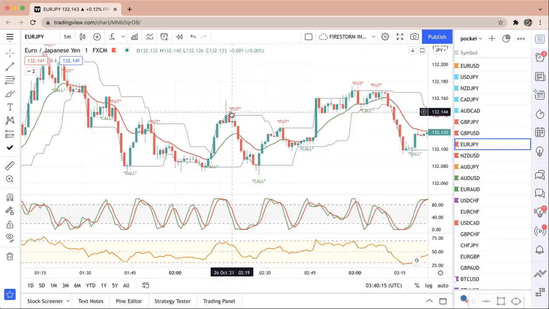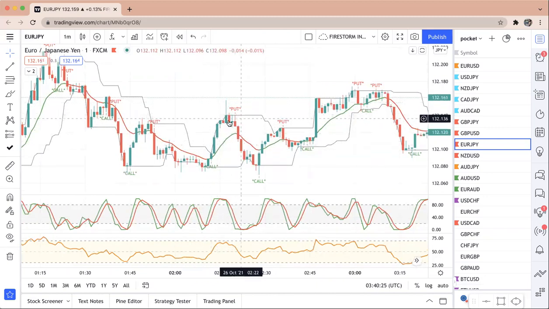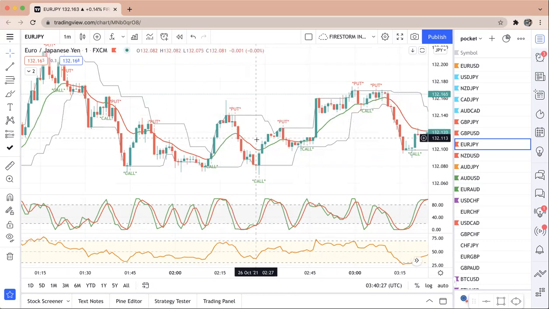As you can see here, the trend colors started to change. You got that confirmation candle. It showed that the buyers were weakening and the sellers were gaining strength. So it came back down here. The same thing happened and it went back up for a call. And you see it hits the top and the bottom of the channel.